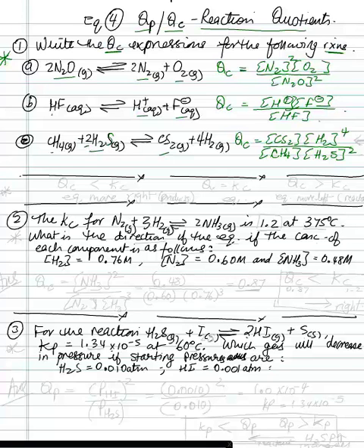Anyway, how does it matter for us what the QC is? Here is how it happens. If QC is less than KC, then equilibrium moves right, which means toward products. QC equal to KC is when you have equilibrium, which means the reaction is not really moving anywhere.